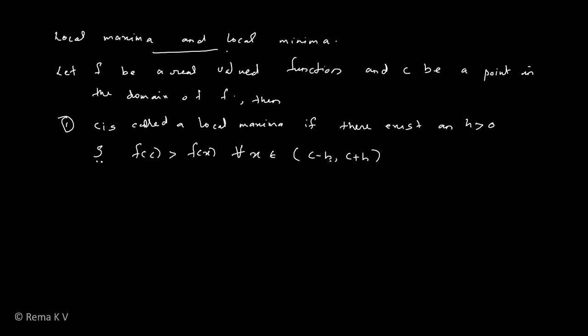So c minus h lies to the left of c and c plus h lies to the right of c. So we are considering a very small interval c minus h, c plus h. In that interval, if f of c is greater than f of x for all x belongs to this one, then we can say that c is the local maxima. The same definition here, f of c is greater than f of x.